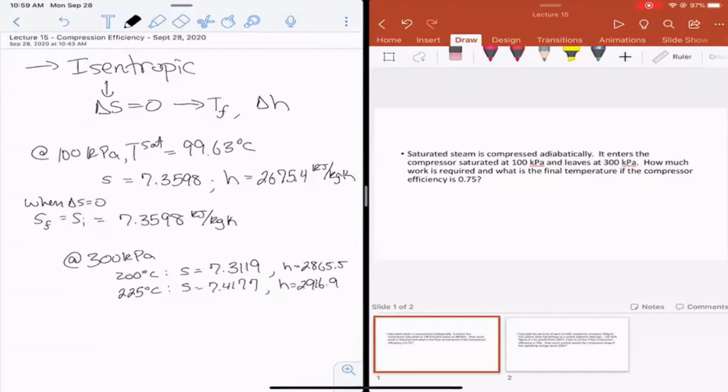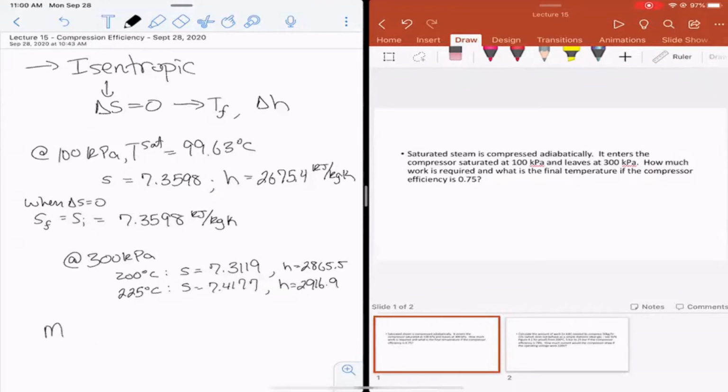So this is good. We found two entropy values in the steam tables at the exit pressure that surround what we know for the isentropic case is the final entropy. So what we need to do to find the actual final temperature and the final enthalpy is to use the interpolation formula that we used last time.